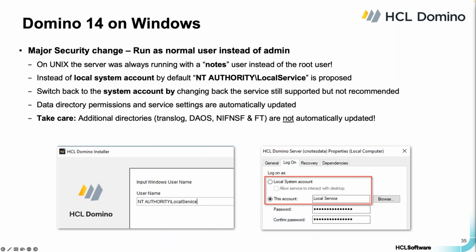One thing, for instance, is when you run Domino on Windows, it has been a common scenario to run Domino with the local system account, basically giving the Domino server full access to the local server. On Windows, that has been the common practice. On Linux, the Domino server was of course not running with root permissions. It was running with its own user ID.